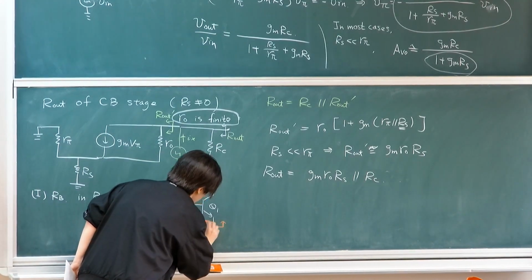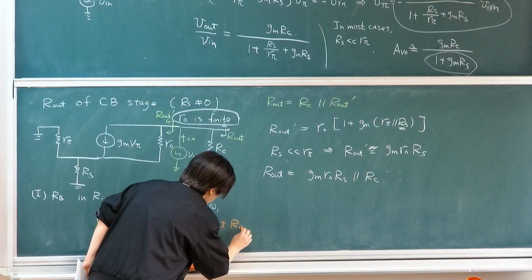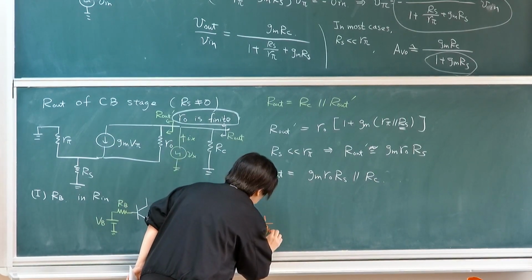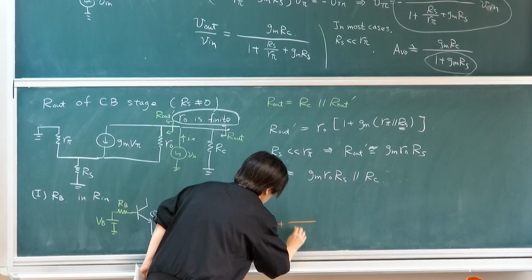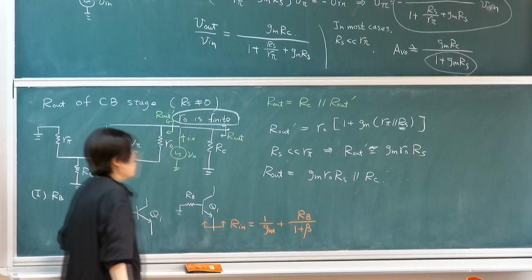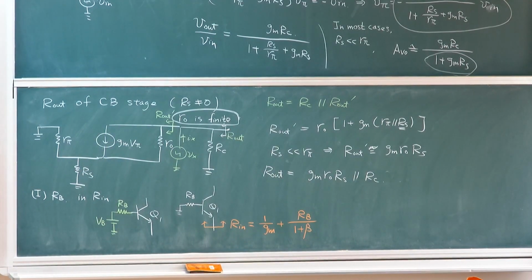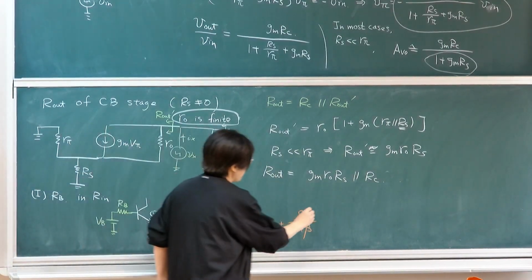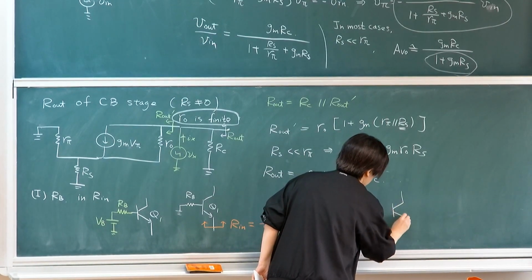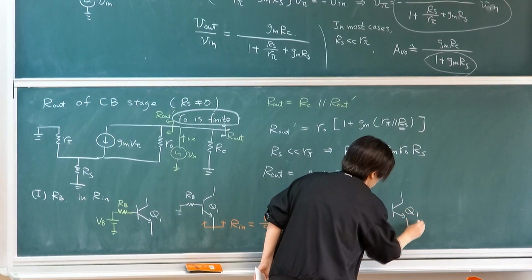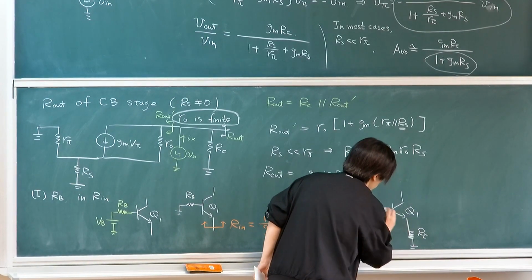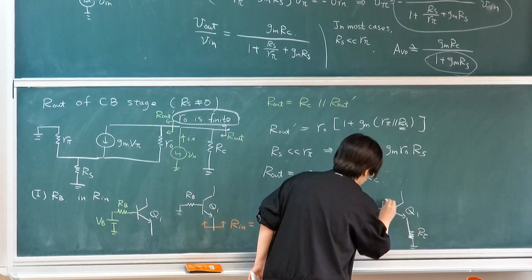So if this is being considered, then your Rin, I'm just going to give you the results, will be 1 over gm plus. This is in contrast to, remember, if we go back to this, the effect of emitter resistance if I'm looking in from here.